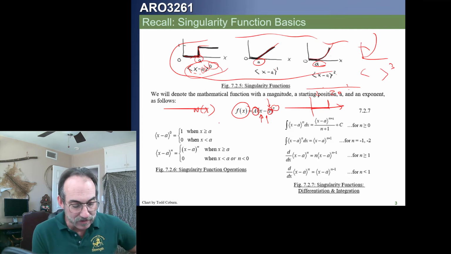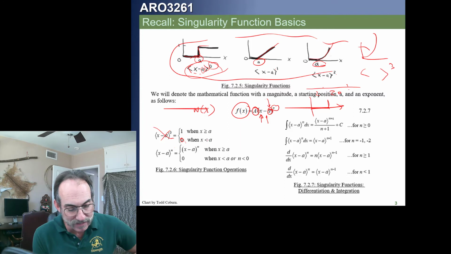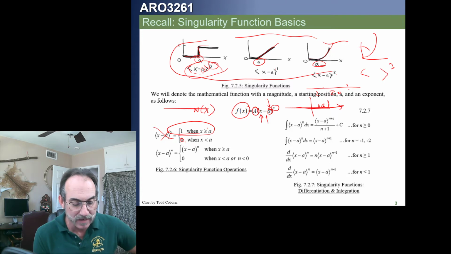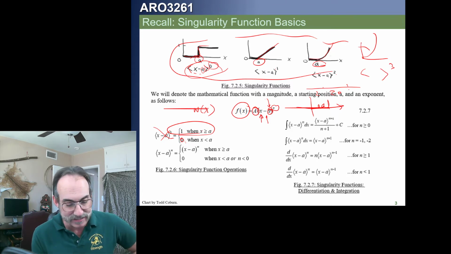So we saw that with a singularity function, this whole term is 0 if we have not yet gotten to the origin of that, and it's 1 if we're past it, which means it exists. That's for a 0 exponent, going from 0 to 1.